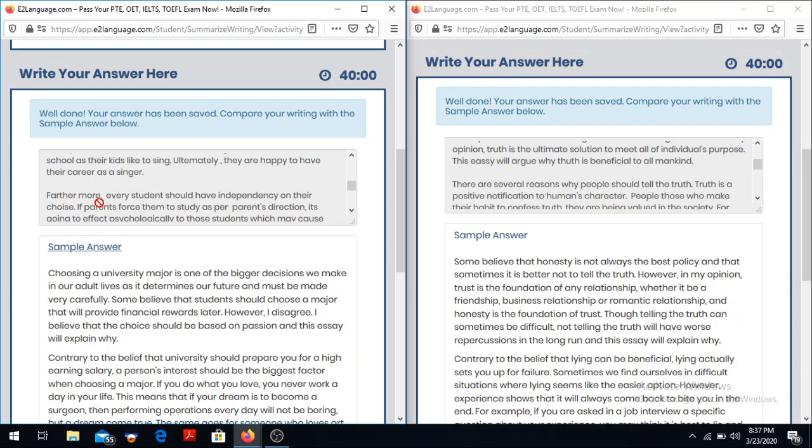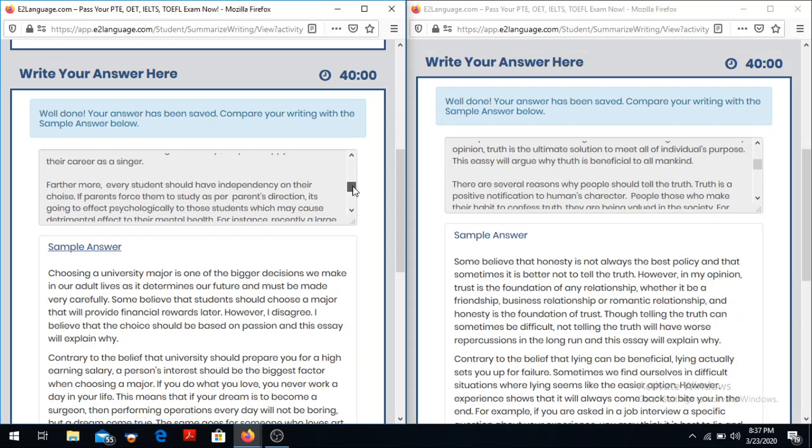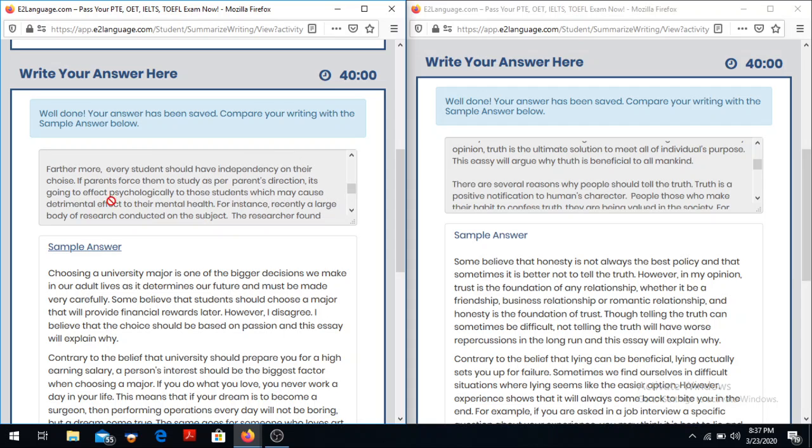Every student should have independence in their choice. If parents force them to study as per the parents' direction, it is going to affect those students psychologically, which may cause a detrimental effect to their mental health.